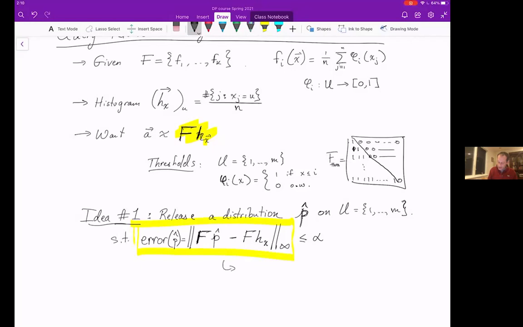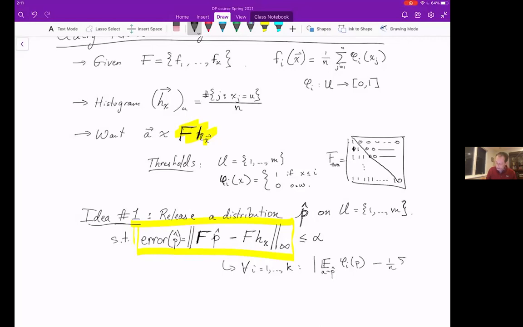That means that for all i from 1 to k, which is the number of queries we care about, the expectation over something chosen according to p hat of phi_i should be very close to what we would get by choosing a random record in the data set.